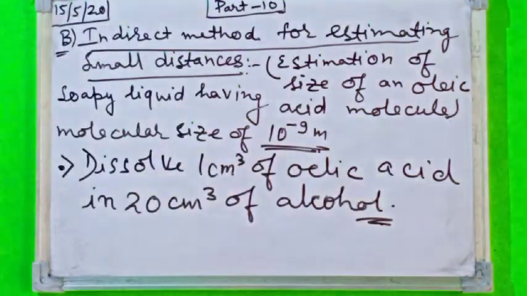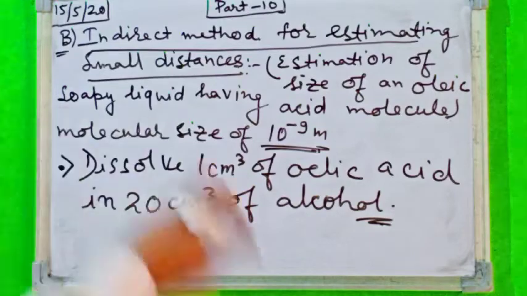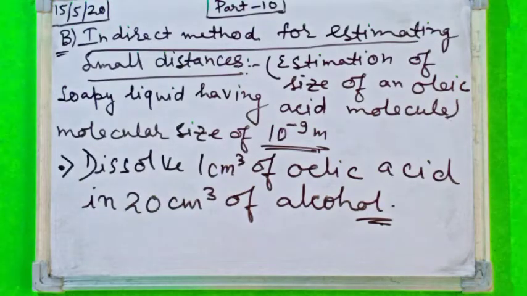Our first step is, whatever oleic acid we have for estimating its molecular size, we take 1 centimeter cube of it and dissolve it in 20 centimeter cube of alcohol, and we will get an oleic acid alcohol solution.